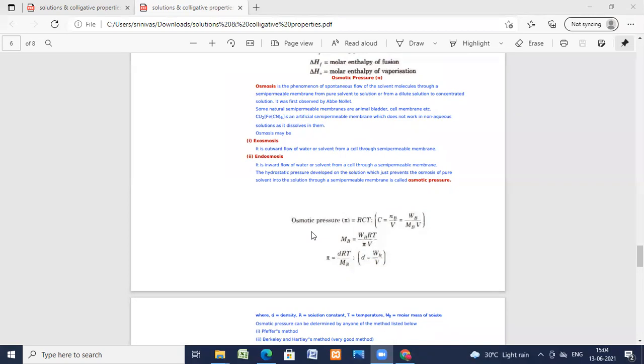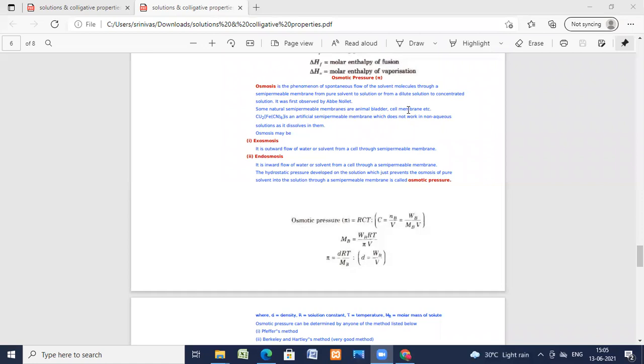It was observed by the scientist Abbe Nollet. Some natural semi-permeable membranes are animal bladder and cell membrane, and copper ferrocyanide is an artificial semi-permeable membrane. This can work even for non-aqueous solutions.